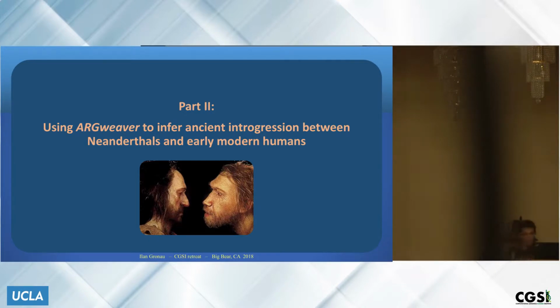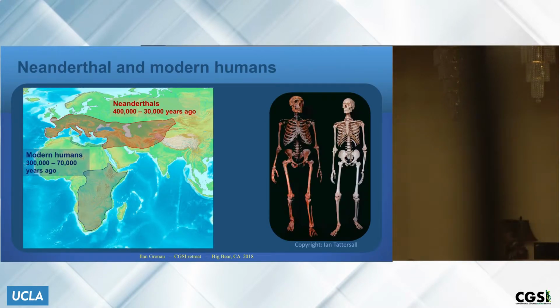So this is the first example I'm going to show you. It's about human population history and admixture with Neanderthals. As some of you may know, our not so deep evolutionary history of humans has us split into two separate groups.